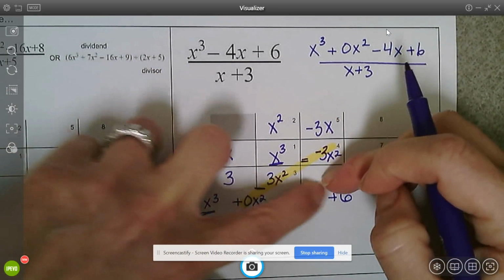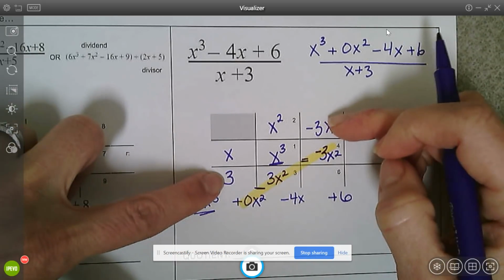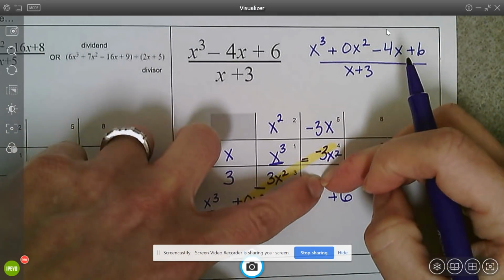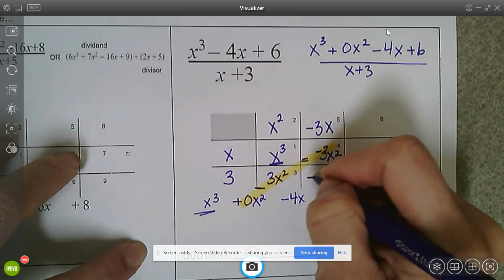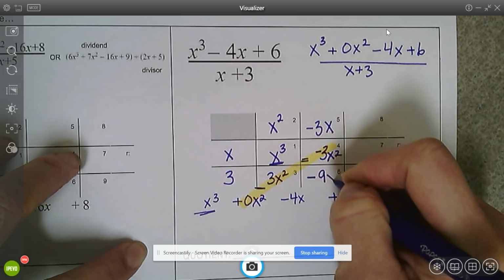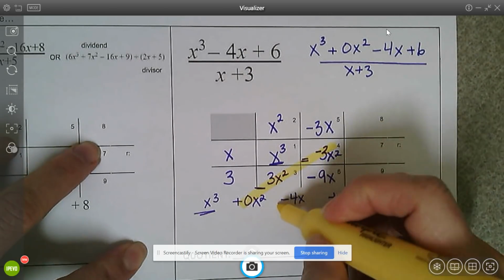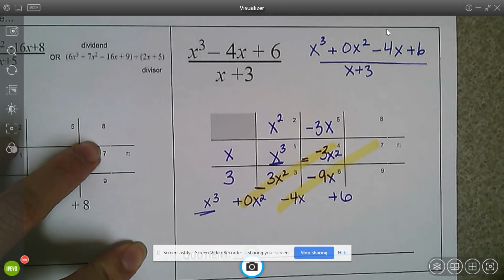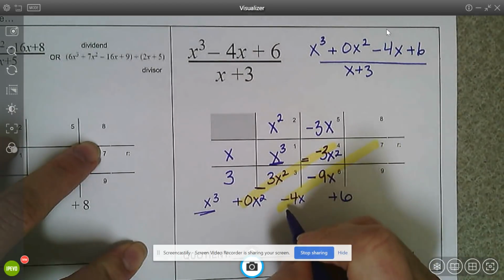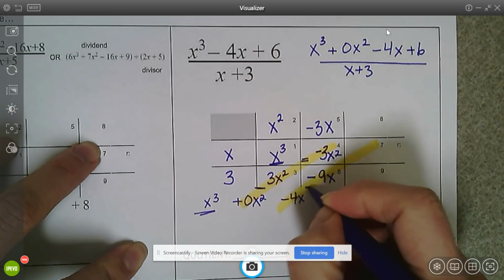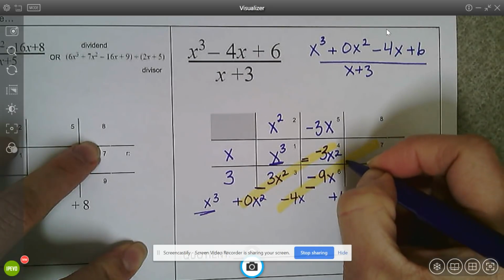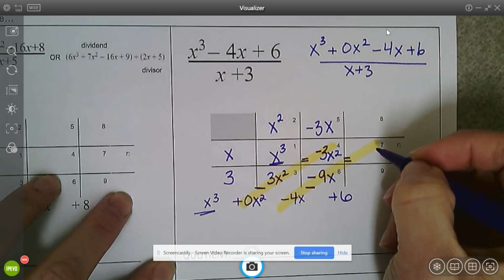Box 6, I can also multiply my row and column, and I have negative 3x times 3, and that is negative 9x. And I'm on to another diagonal. And I'm going to work my way up and do negative 4 minus negative 9x equals something.